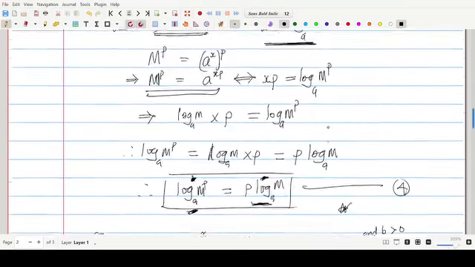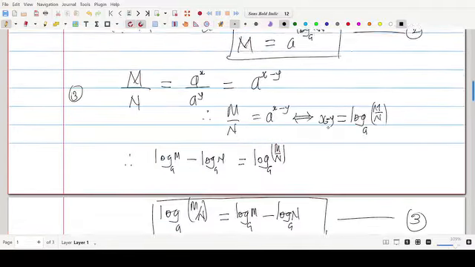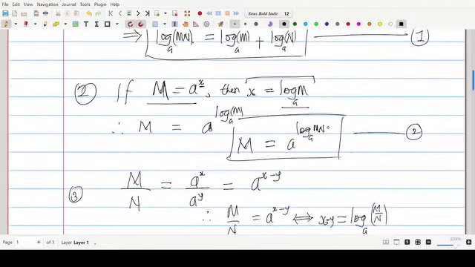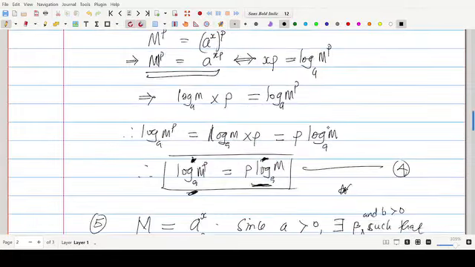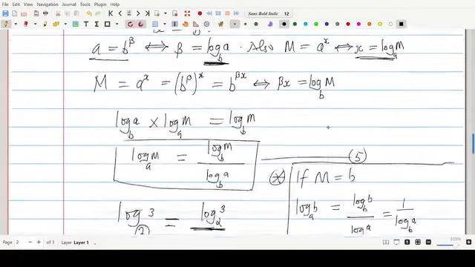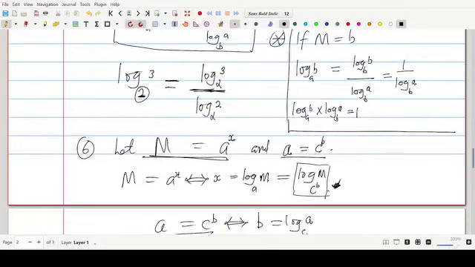Look at 2 over here. From 2 and 4, we can write the left hand side, not the right hand side, as log to the base b of a to the power of log to the base a of b.